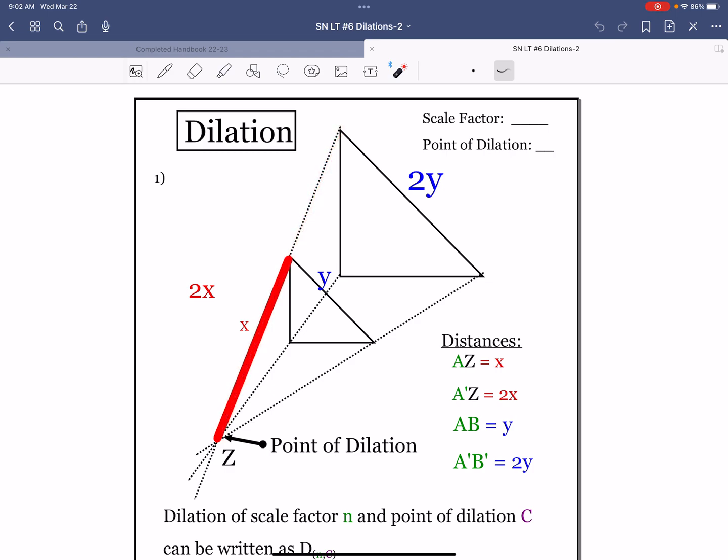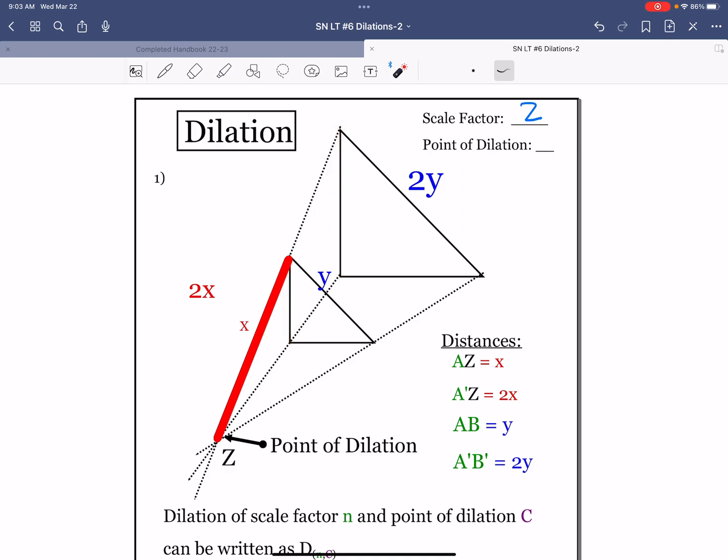So the dilation has a scale factor to it, meaning this might be twice as much as this one as far as side lengths. When we dealt with similar figures, we had a scale factor, and that scale factor is the same in a dilation.